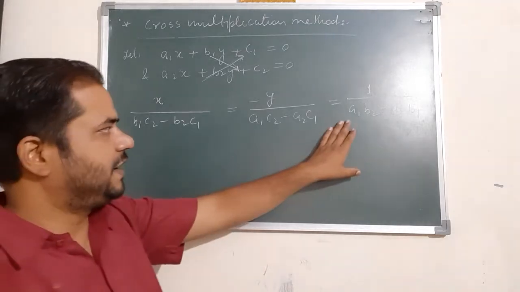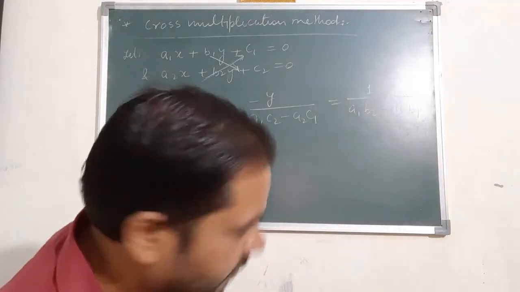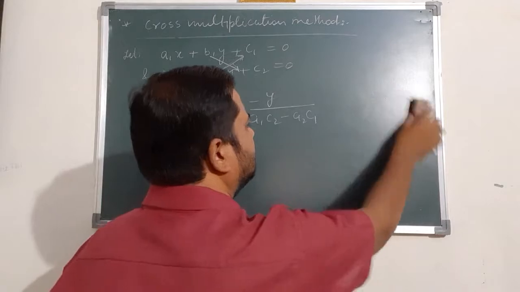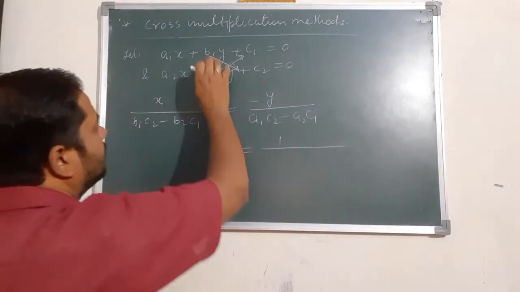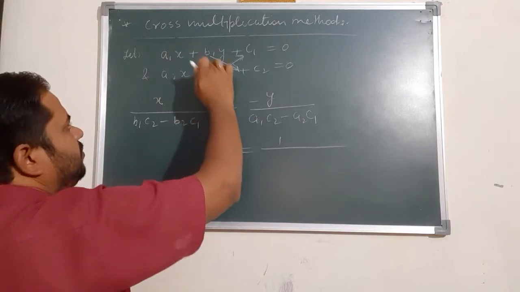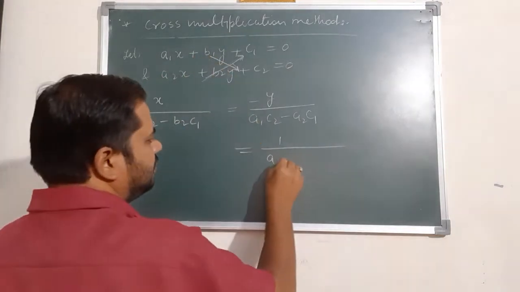If you want, we can write this step here because maybe it is not visible. So this is equals to 1 upon a1 b2 minus a2 b1.